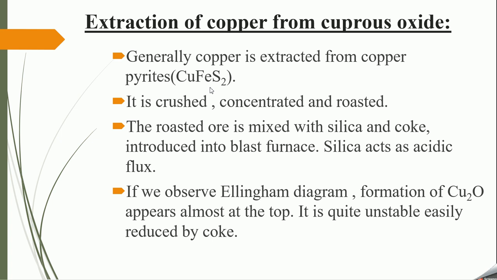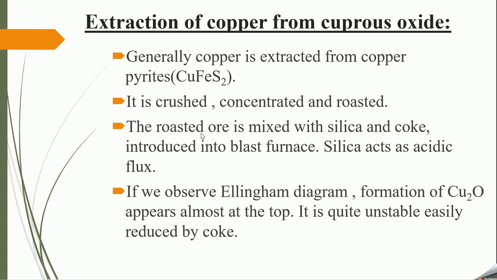Now the next step is smelting. The roasted ore is mixed with the silica and coke and then it is introduced into a blast furnace. So here silica acts as acidic flux and coke acts as reducing agent.